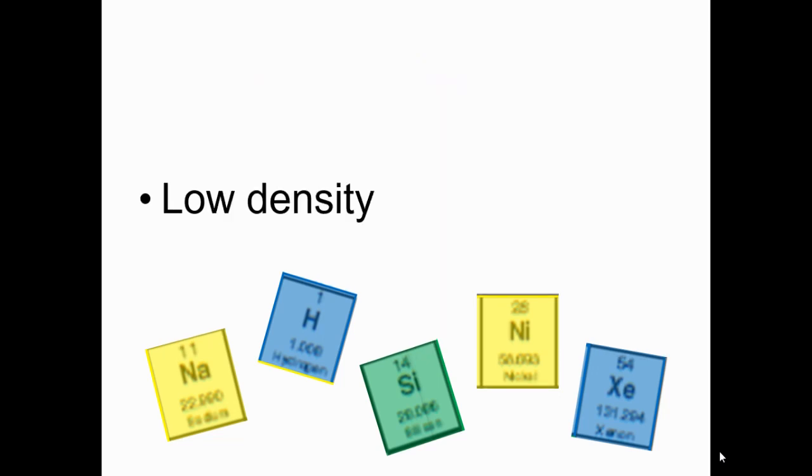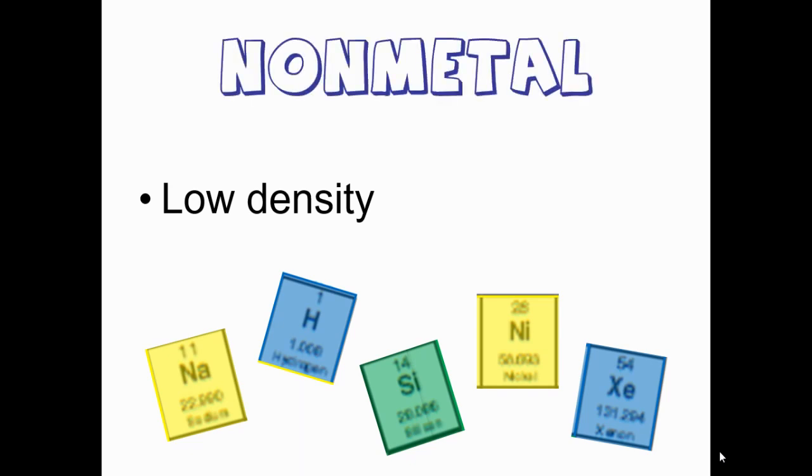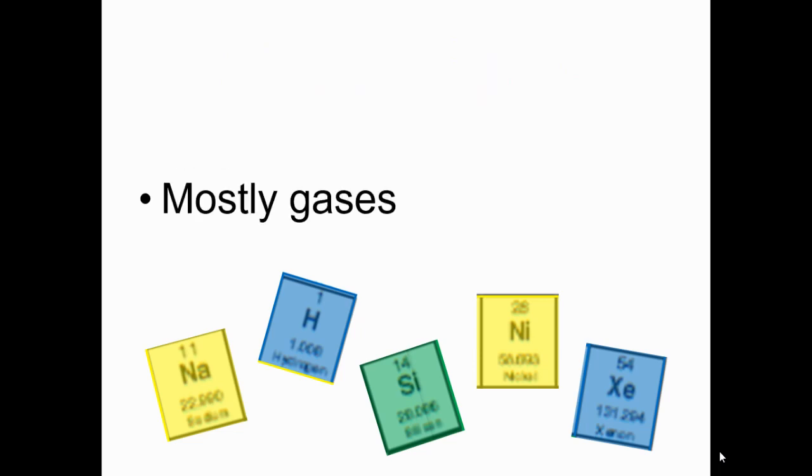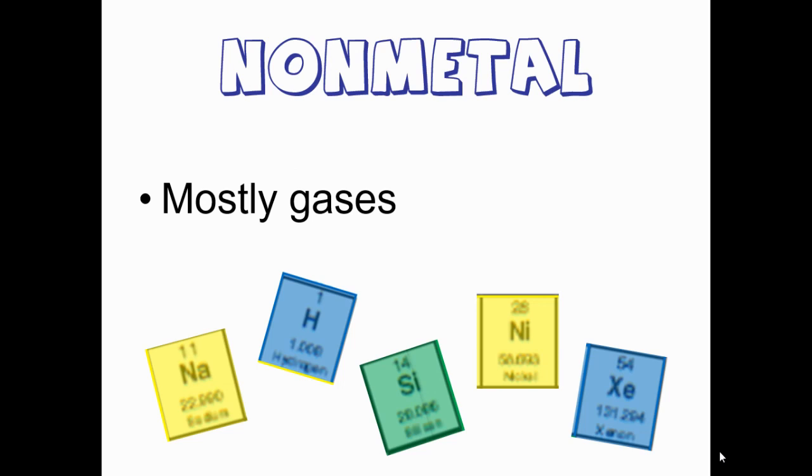An element with a low density is a nonmetal. Iron is an example of a metal. Elements that are mostly gases are nonmetals.